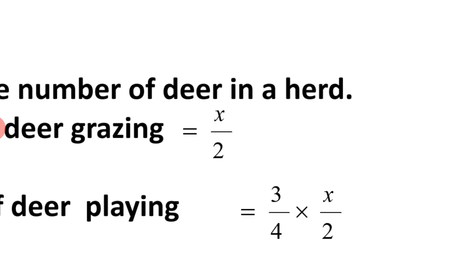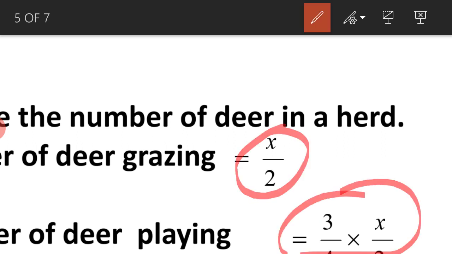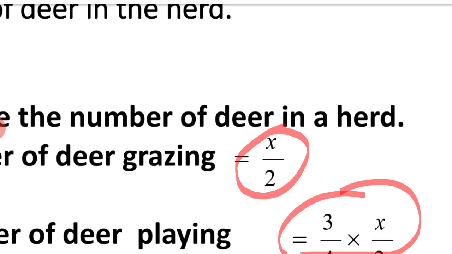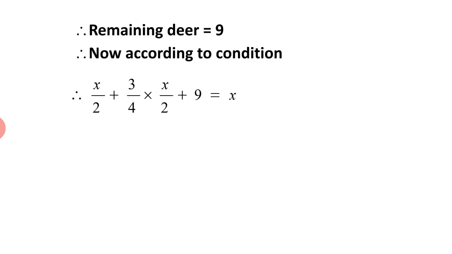So these many are grazing and these many are playing. Now how many are remaining? So let us go for remaining. Remaining are 9. So remaining deer is equal to 9. Now according to the condition, x by 2 plus 3 by 4 into x by 2 plus 9 is equal to x. Is it okay? Did you understand?